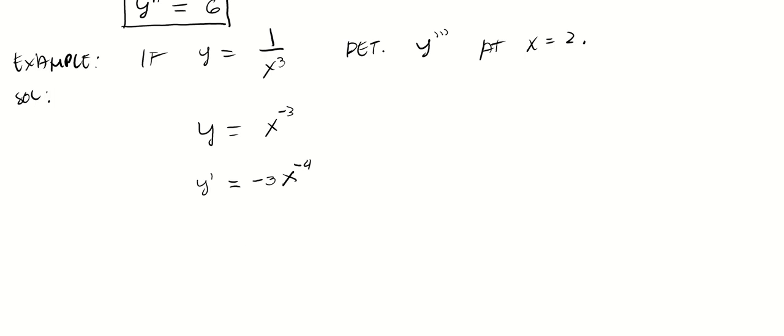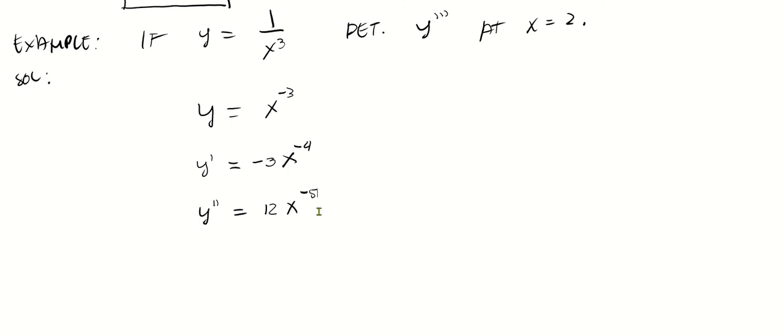So that's y prime. Then we take the derivative again, y double prime. So it will be negative 4 times negative 3, and that will be positive 12. Then x raised to negative 4 minus 1, which is negative 5. And that is the second order derivative.